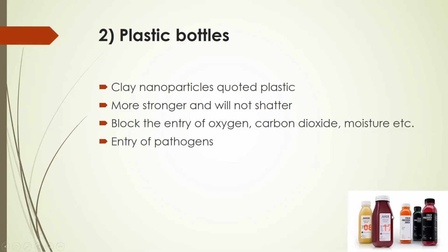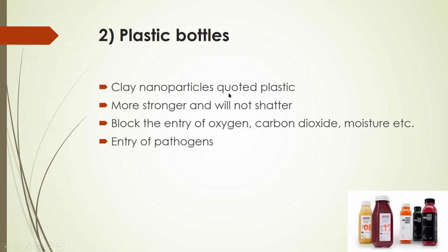So now you see the food items are mostly packaged inside plastic bottles. And the reason is that these plastic bottles are safer as compared to glass bottles. They are strong, and at the same time, if the bottle falls down, there would be no chance of shattering. So this means that plastic materials could also be used for packaging as plastic bottles.